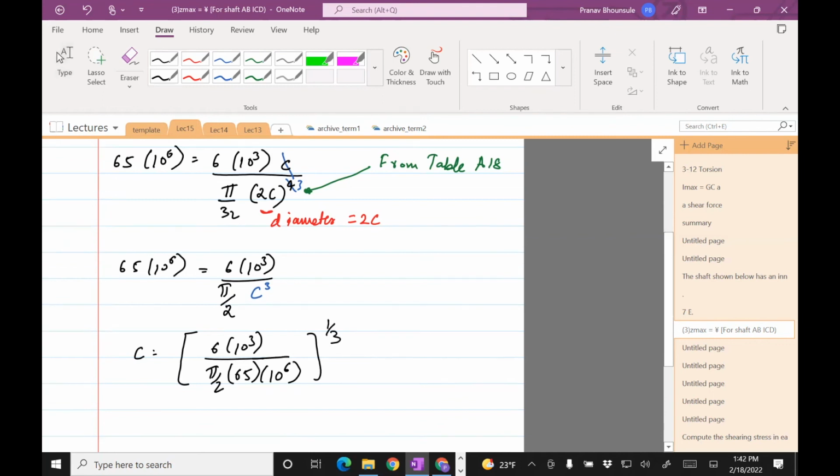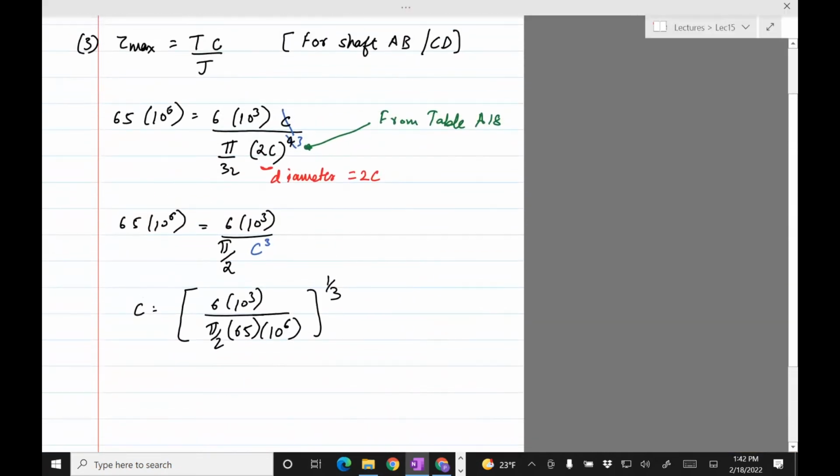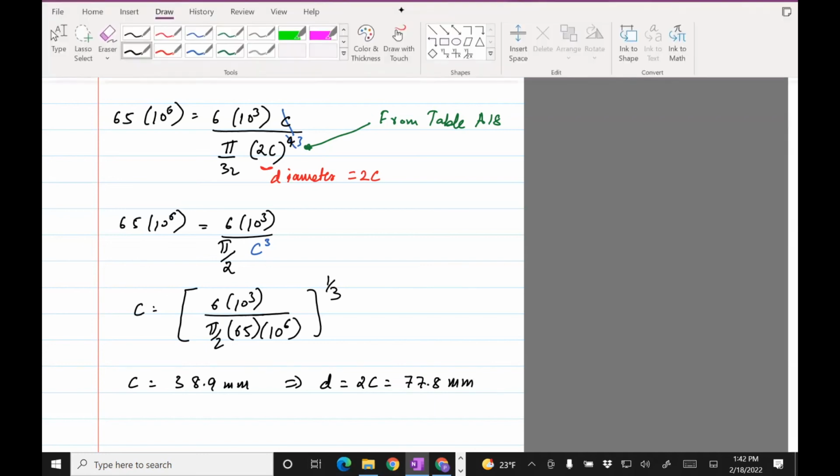After solving this, you get C equals 38.9. But you're asked to find the diameter. So the diameter is twice C, which is 77.8. So that's the final answer.